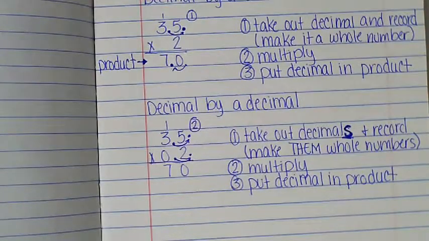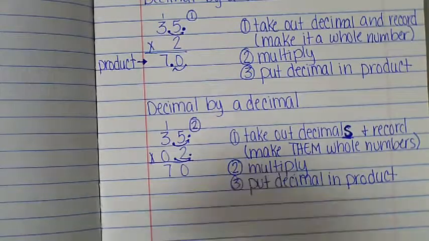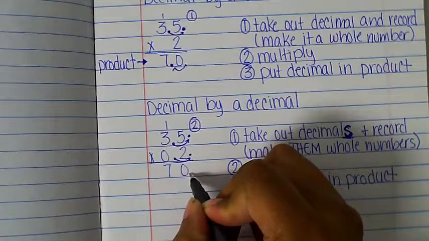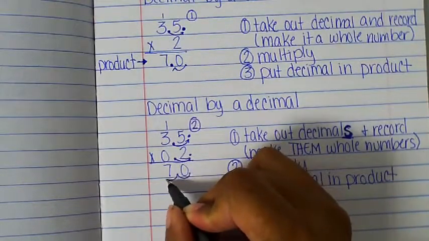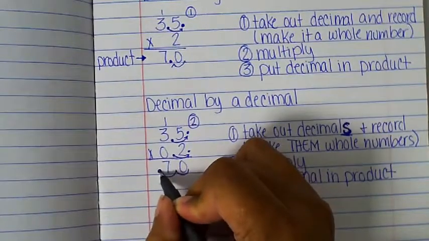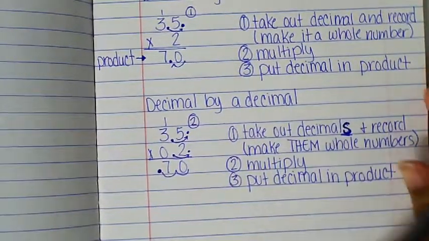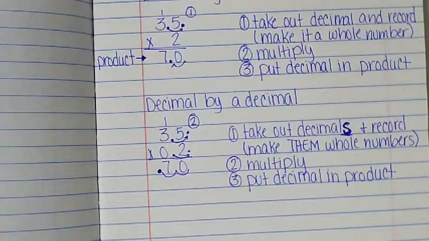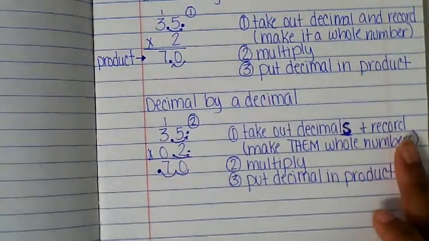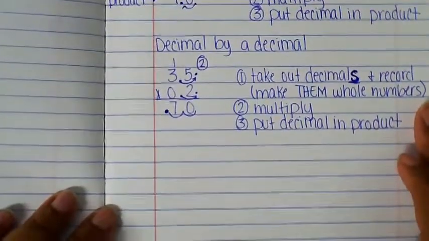So right now in my product, where is my 0? Behind the 0. All right, so how many times do I need to move it in? Twice. Good. Once, twice. It's here now. All right, so my new number is 7/10, or 70 hundredths.